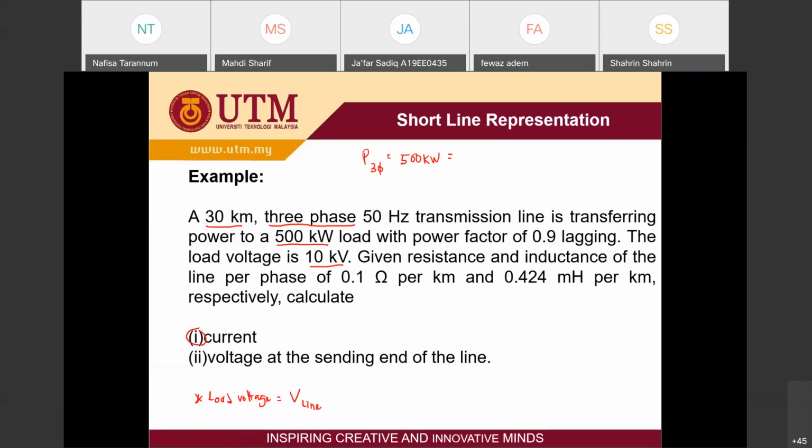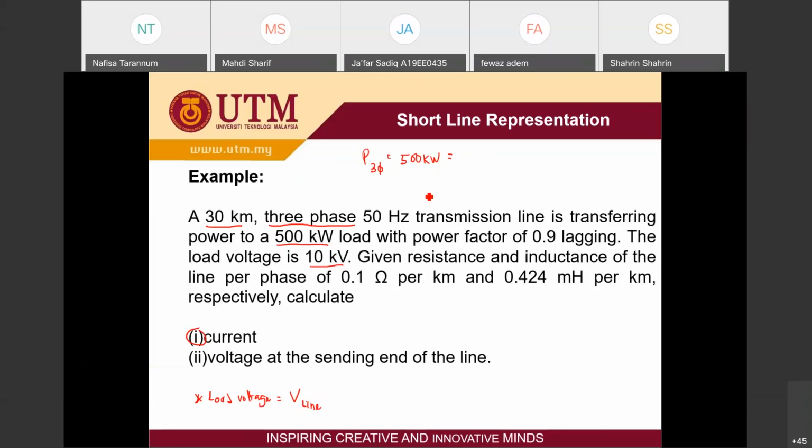So if you don't remember, you can remember it by asking yourself what is the 240 volt. Is it line or phase? So 240 volt is actually V line. So 10 kilovolt is your V line actually.